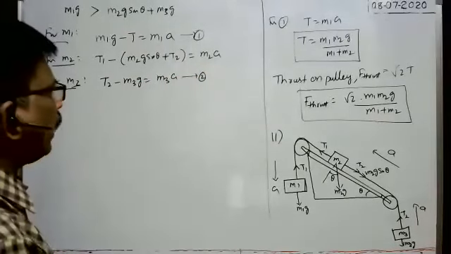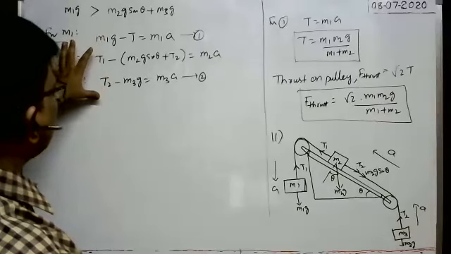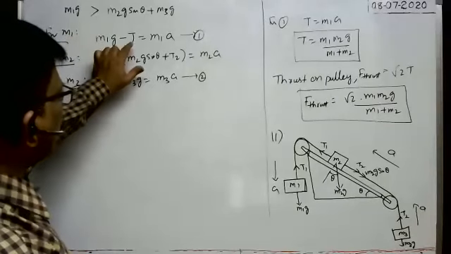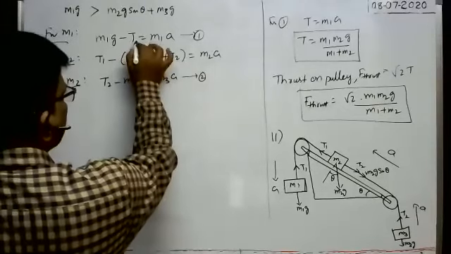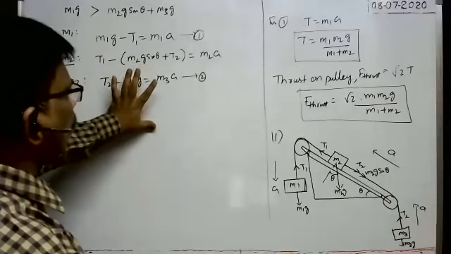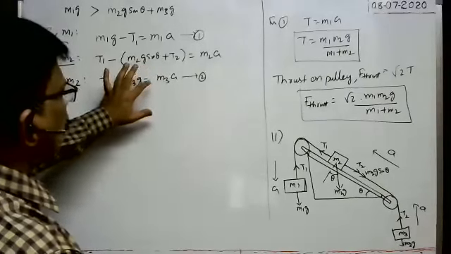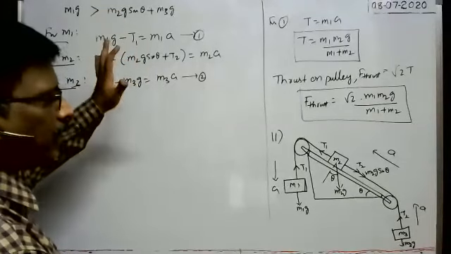Based on the given values, when you substitute here, you will get three equations in terms of unknown parameters. T1, T2, a are generally the unknown parameters. If you are given the masses, three equations and three variables are there, and by solving them we can obtain the three variables.